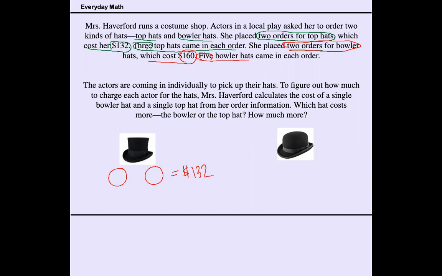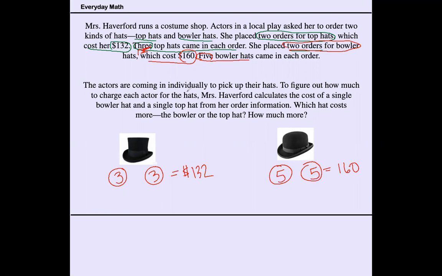And 3 top hats come in each order. This was 1 order. There are 3 hats in each order. Next, she ordered 2 orders of the bowler hats, which cost $160. And in each order, there are 5 bowler hats.